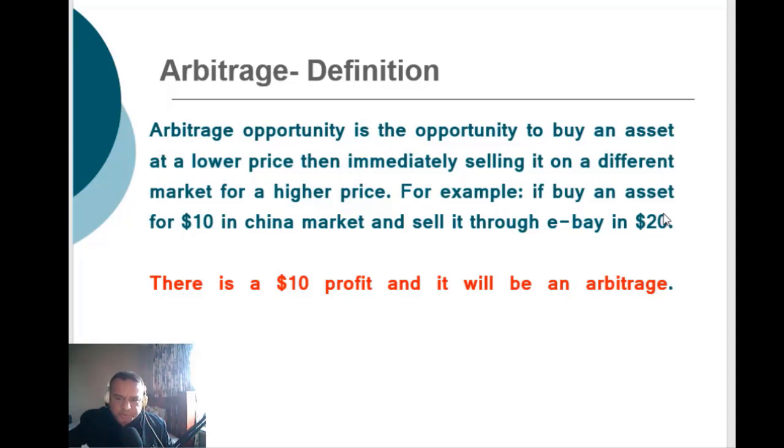For example, if you buy an asset for $10 in China, from the Chinese market, and sell it through eBay for $20, you made $10 profit out of this transaction, and that is called arbitrage. So the definition of arbitrage is buying an asset at a lower price and selling it immediately, without holding it, at a higher price.